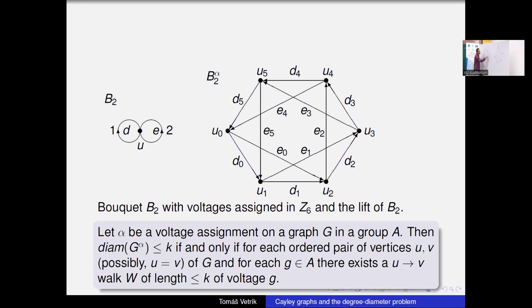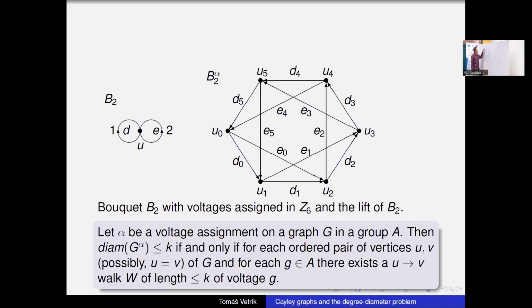So voltages on these edges must be assigned in such a way that, let's say here it was M edges, and in case I'm simplifying it and using just the direct product of cyclic groups, I would be using 0 0, 1 0 0, 2 0 0, up to M minus 1 0 0, and so on.